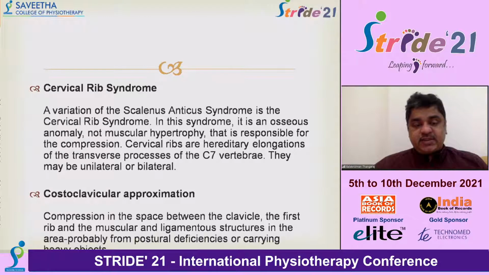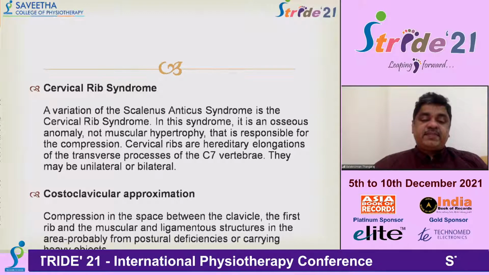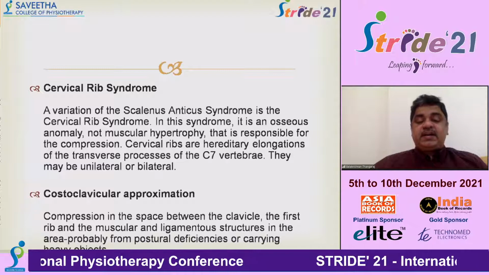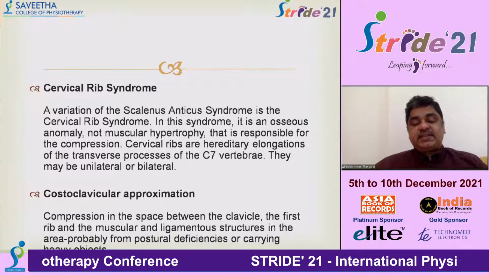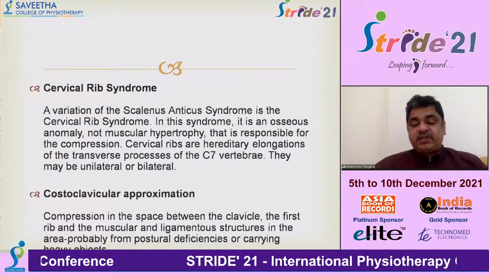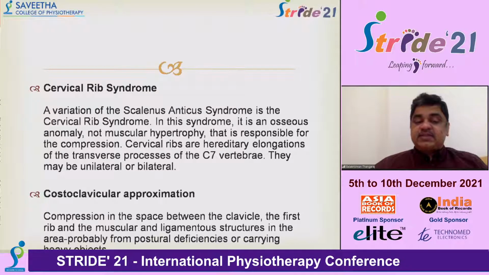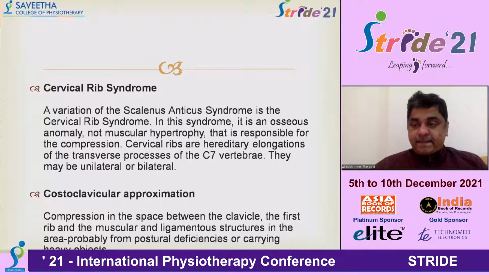The next one is costoclavicular approximation, compression in the space between the clavicle, the first rib, and the muscular and ligamentous structures in the area, probably from postural deficiencies or carrying heavy objects.